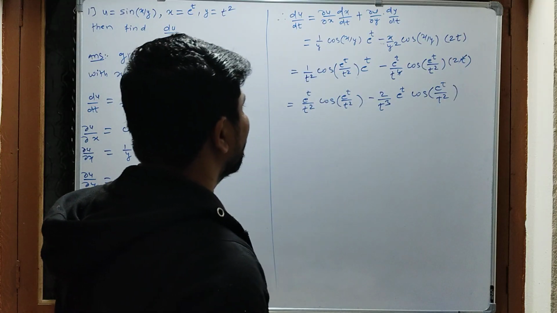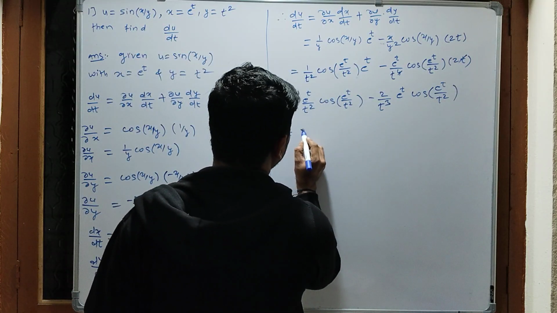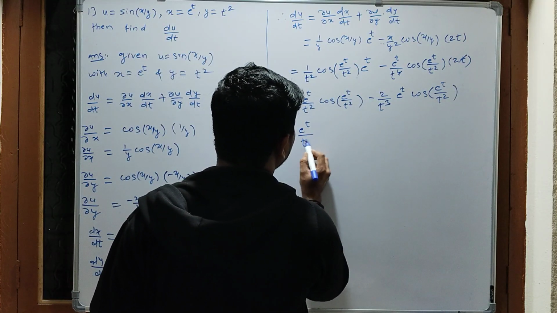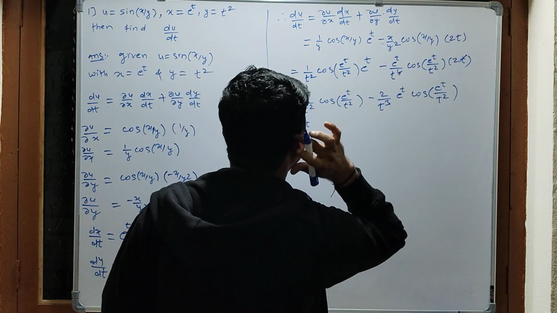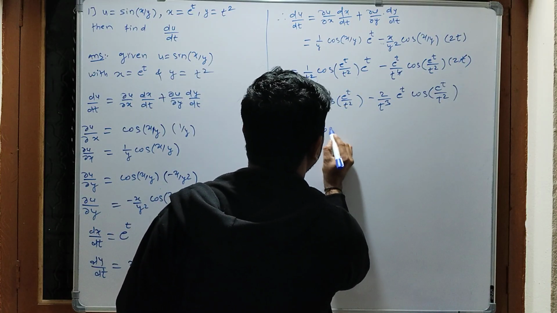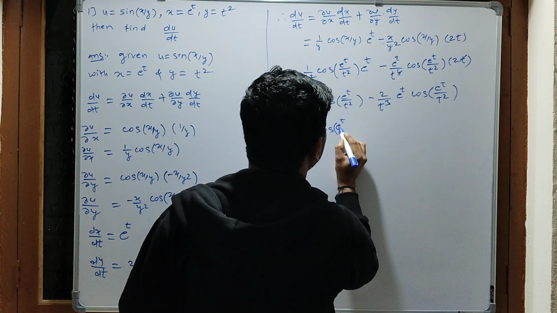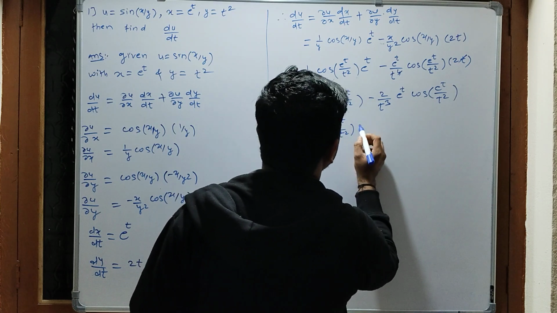Now, is anything common? I will take e to the power t by t square common, and again cos of e to the power t by t square.